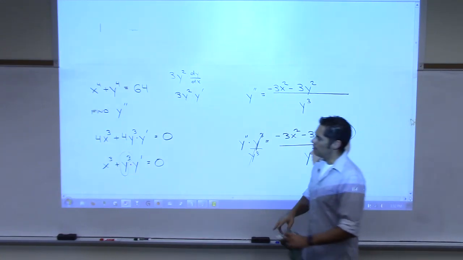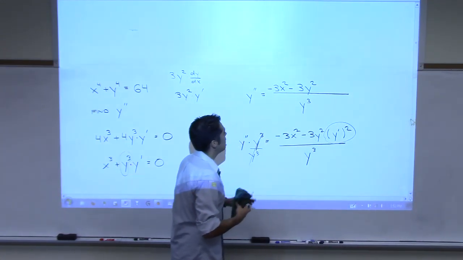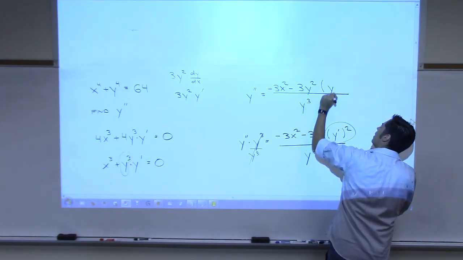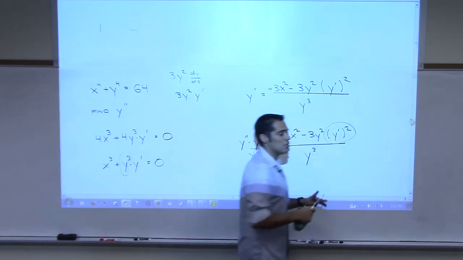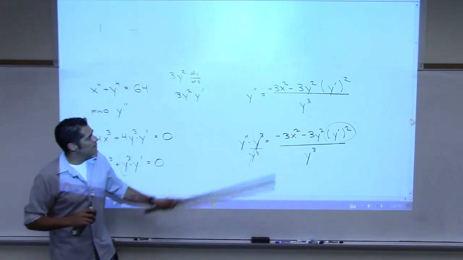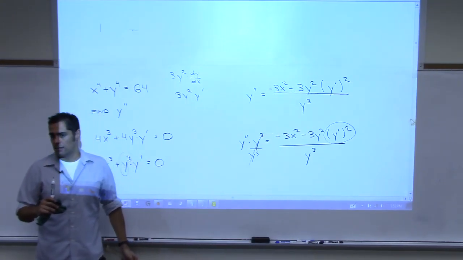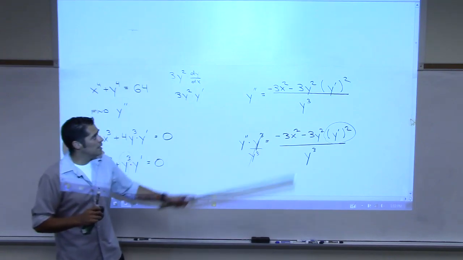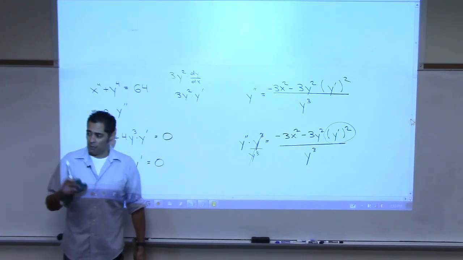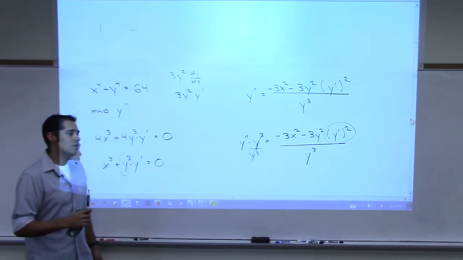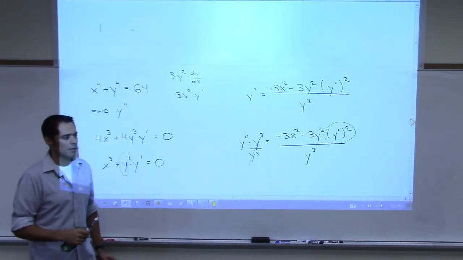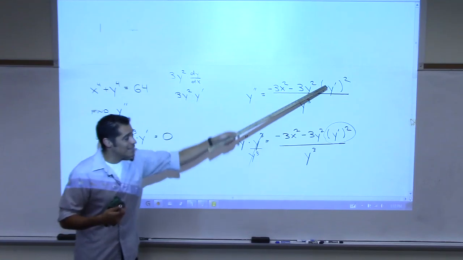At this point, for me to tell you any information about the second derivative, you must provide not only the x and y coordinates, but also information about the first derivative. I would prefer if we could write this all in terms of just x and y. You just give me the point and then I can tell you what the second derivative is. This requires the point and a derivative.